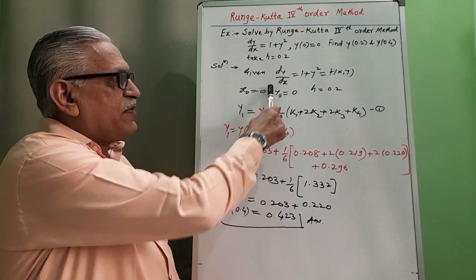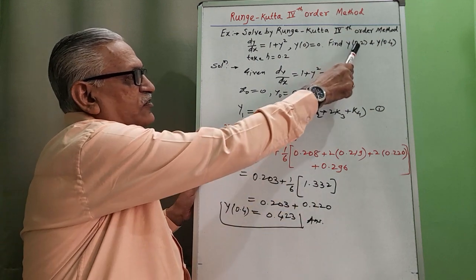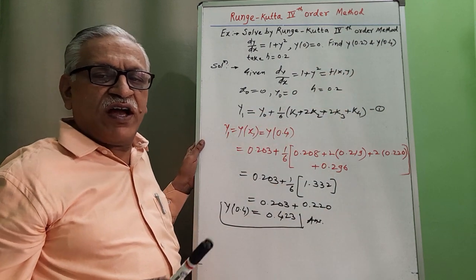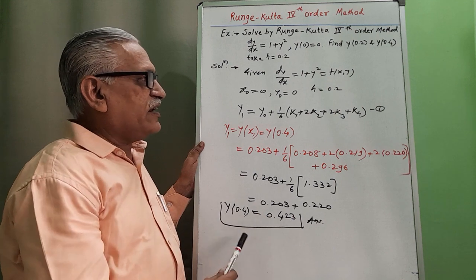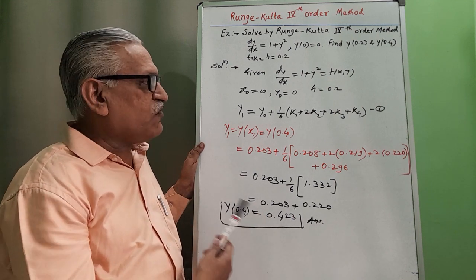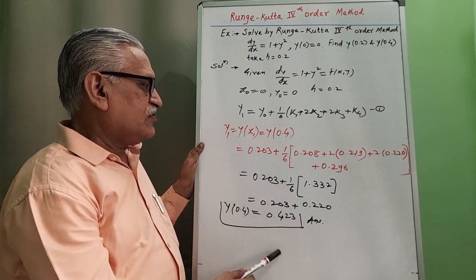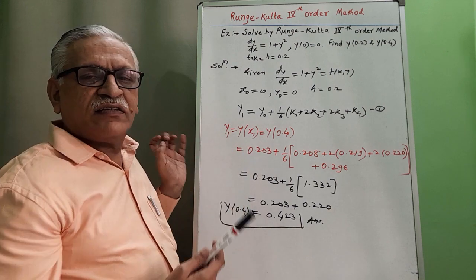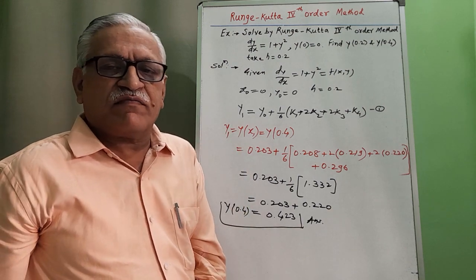Therefore, by performing in two parts, in first part we try to find value of y at 0.2, and then in second part we determine y at 0.4 by applying that Runge Kutta fourth order method.